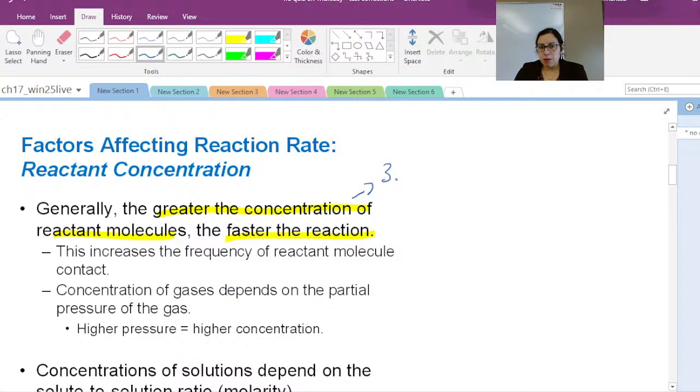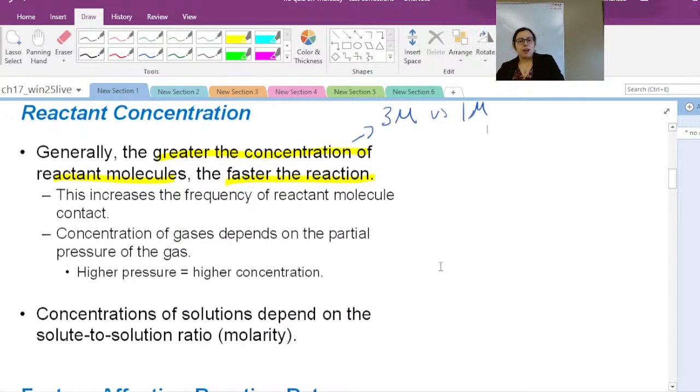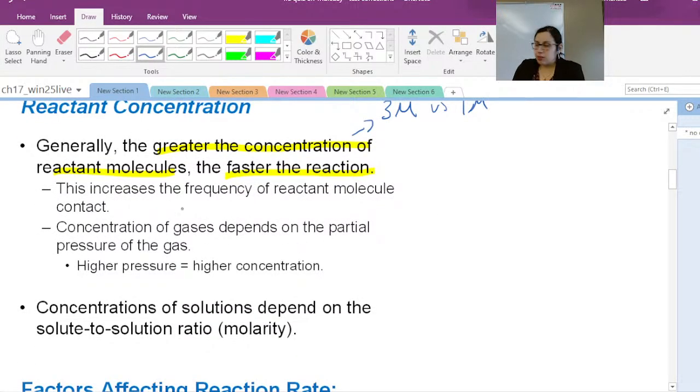You can think about how a 3 molar acid solution reacts versus a 1 molar solution. And think about what that means on the molecular level. Greater concentration means increased frequency of collisions, and more collisions means more probability of productive collisions.